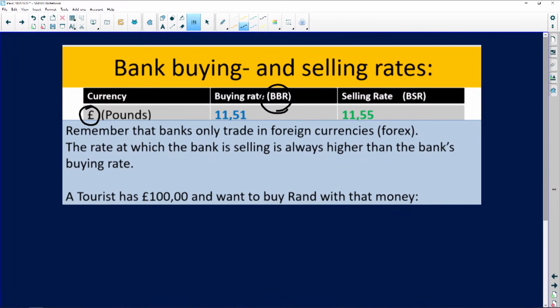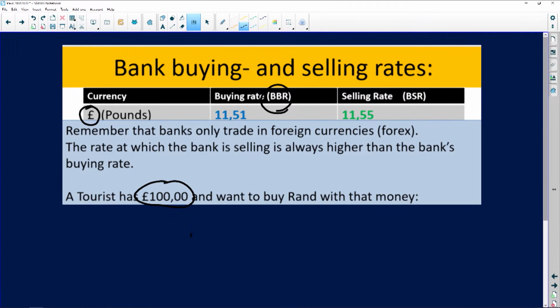Let's quickly look at this example here. A tourist has £100 and wants to buy Rand with that money. The first thing we need to do is figure out whether we are going to multiply or divide. From what I've explained to you, I want you to write out the words. We said a tourist has £100.